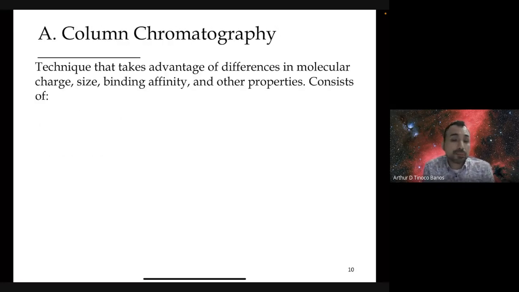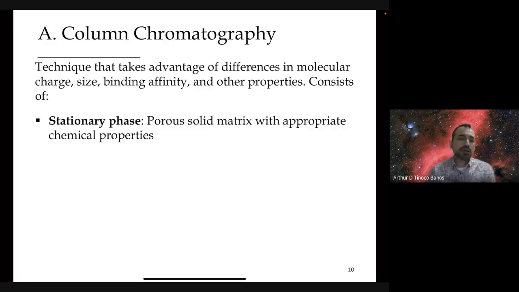An approach that all of you are familiar with is column chromatography. This type of technique takes advantage of differences in molecular size, charge, binding affinity, and other properties. There are some typical features of column chromatography. For instance, you have what is known as a stationary phase.